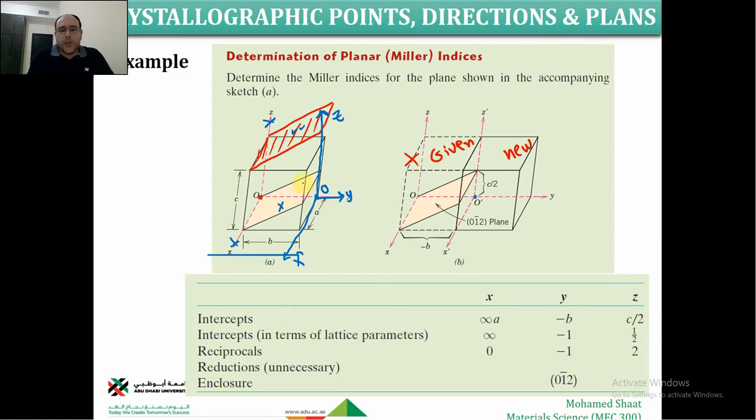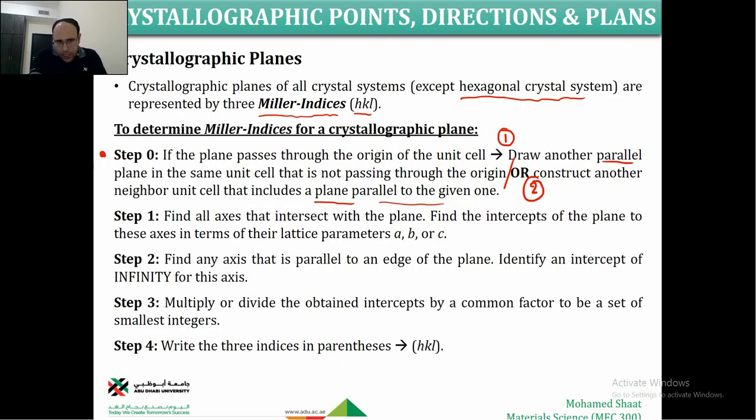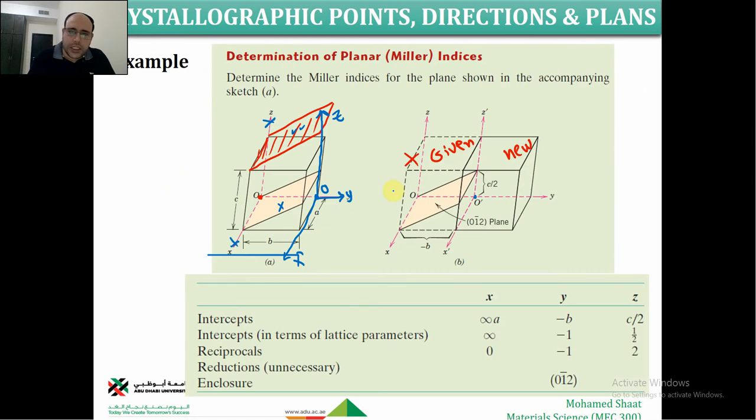Anyway, if I ask you this plane, according to the new coordinate system, the new axes x, y, z, it does intersect with which axes? Step 1, I'm sorry, is just to find the axes which are intersecting with the plane. So which axes? These axes.